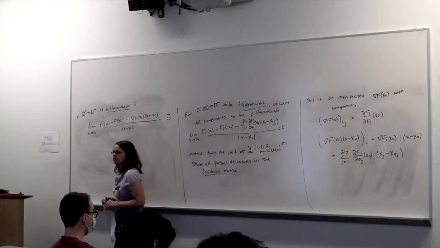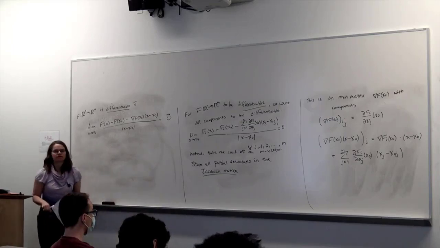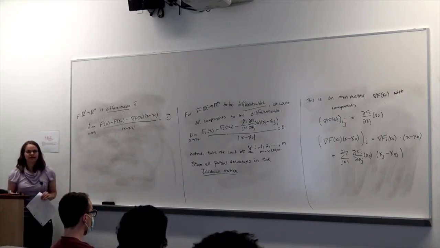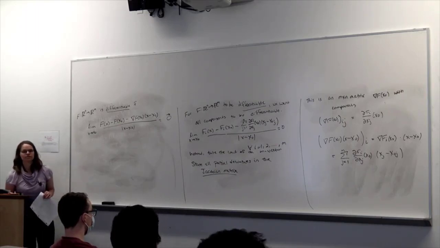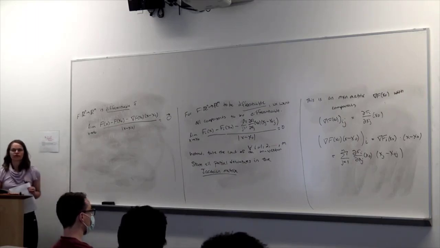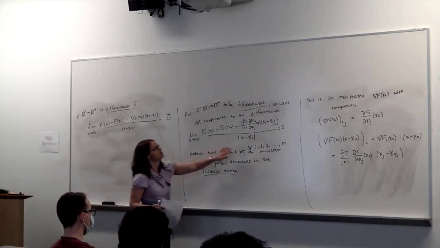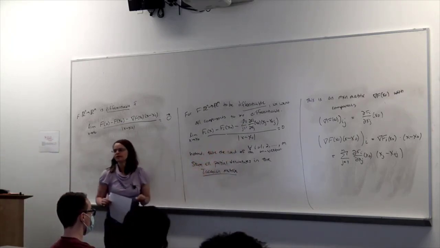Are we happy with the definition of differentiability? I haven't changed the definition of differentiability, but what I've done is introduce notation so that we can write this in a compact form instead of having to list out all of these different components separately.